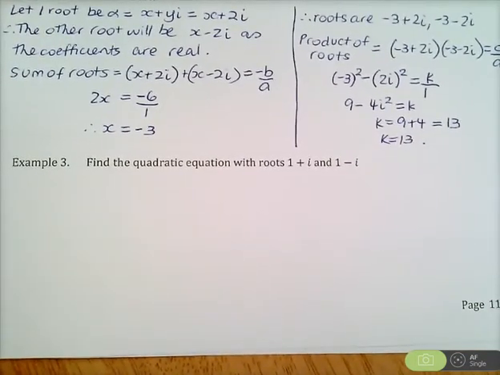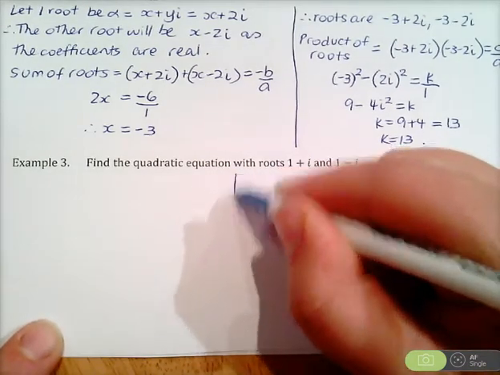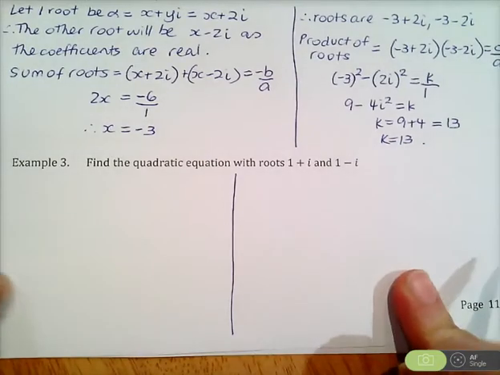In example 3, you're asked to find the quadratic equation with roots 1 plus i and 1 minus i. Now I'm going to do this two different ways. I'll do one way over here, and the other way over there.